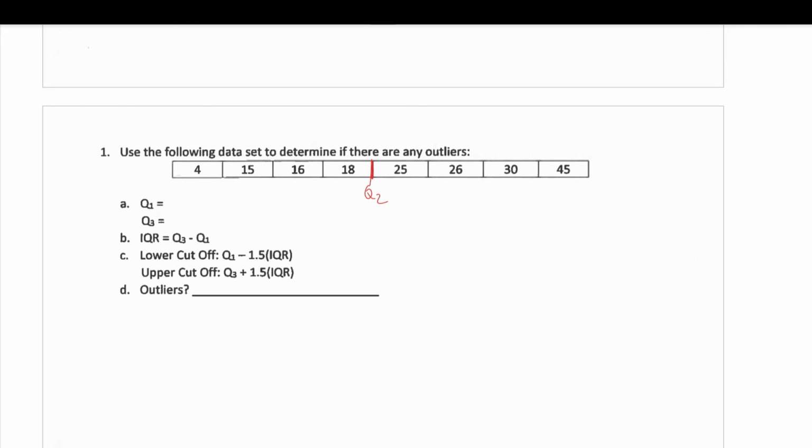So the first quartile will be the median of the first part. There are only 4 numbers there, so it should be between the second and the third. That is just going to be 15 plus 16 divided by 2, which is 15.5. And the median of the upper part is the third quartile, and that should be between these 2 values here. That's going to be 26 plus 30 divided by 2, and that gives us 28.